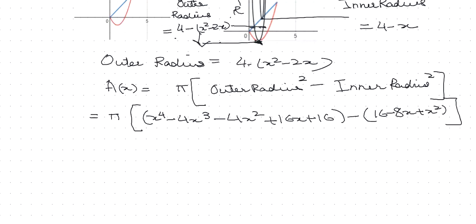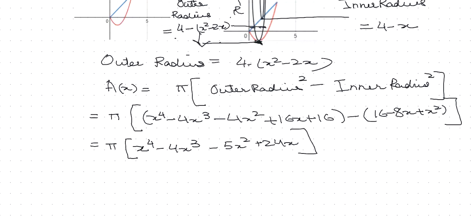Yes. So this gives you pi times x to the 4 minus 4x cube minus 5x square plus 24x... Okay. So this is the area.